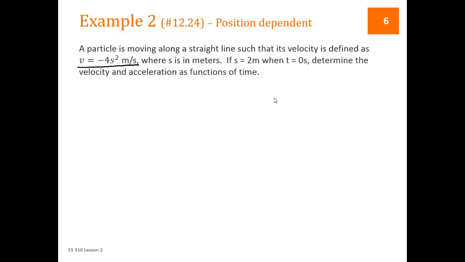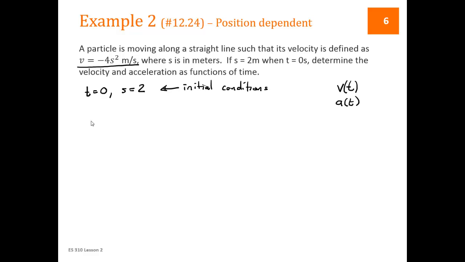So if at time equal to 0, s is equal to 2, these are the initial conditions. And we need to find what is v as a function of t. So we're looking for an expression, and what is a as a function of t.